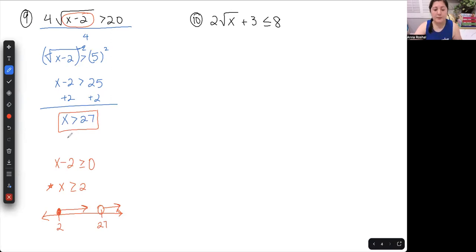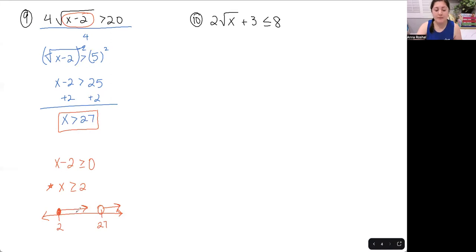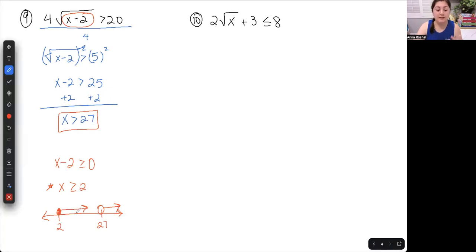Because if I put in a different number, so let's say I put in, I don't know, 11, right? 11 works here, so let's put 11 in. I have 4 root of 11 minus 2, and then greater than 20. I'm going to end up with 4 root 9 is greater than 20.